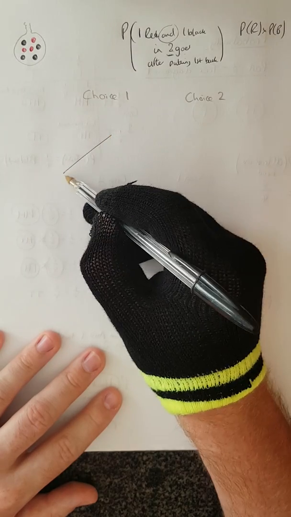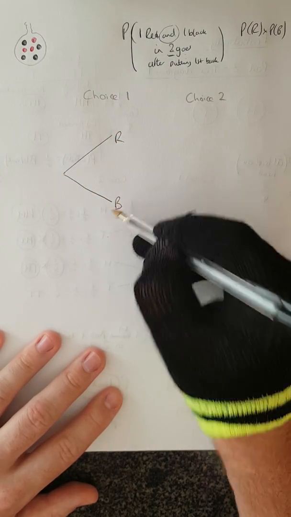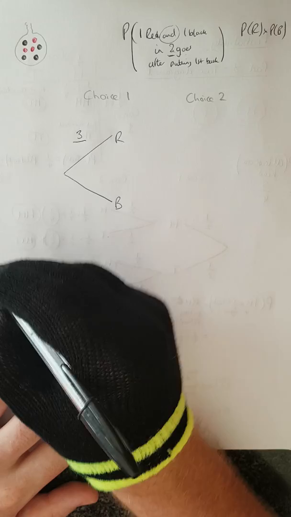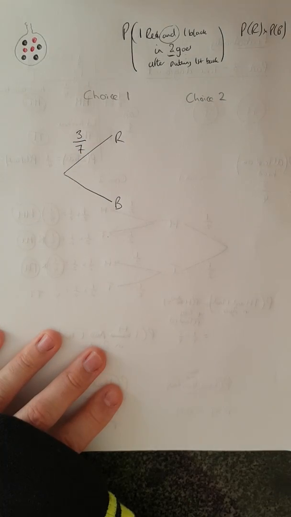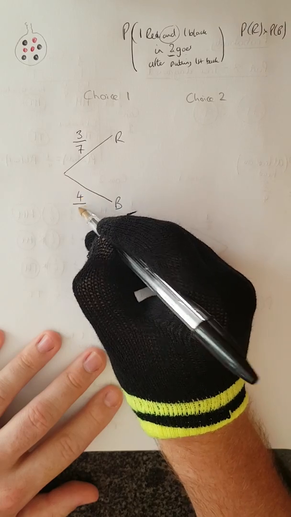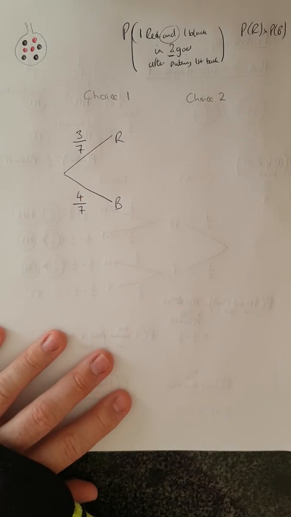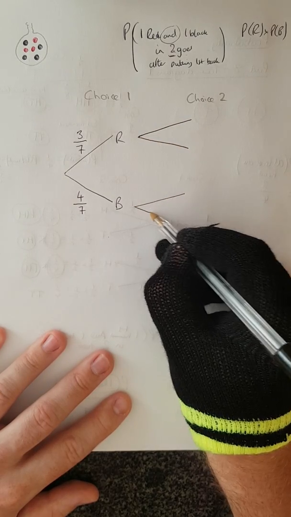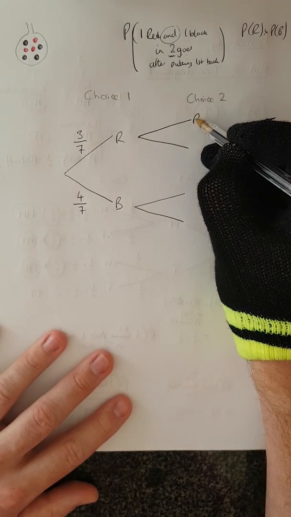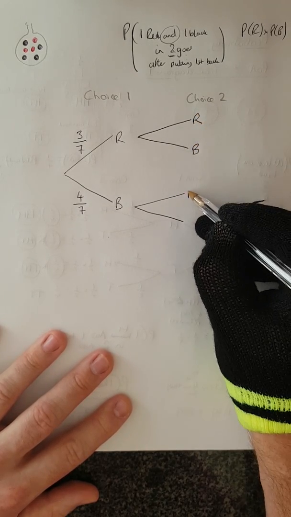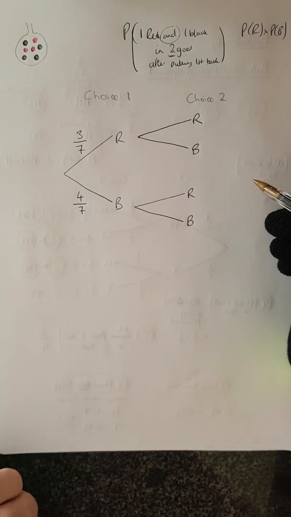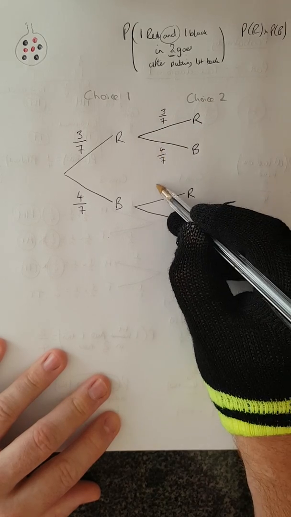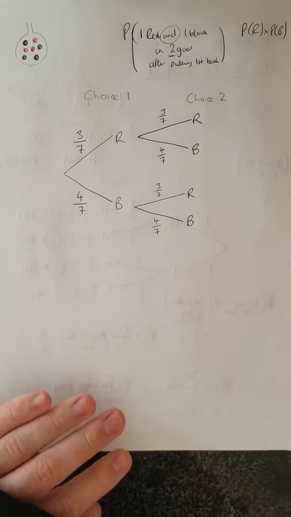So, choice is 1. Red and black. Red is 3 beads in the bag out of 7. Black is 4 beads in the bag out of 7. Now I'm putting the first bead back in the bag. Later on that won't happen, and that will change the probabilities later, but not yet. So red still is 3/7 and black is still 4/7 because it hasn't changed the bag.